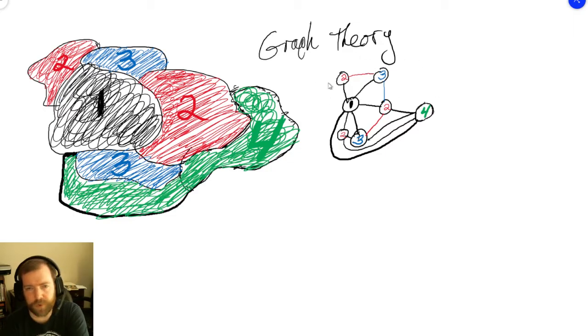If we try to build out any other particular kind of node, like this one here, okay, well that's going to connect to 3 and 2 and 4 and 1 this way.